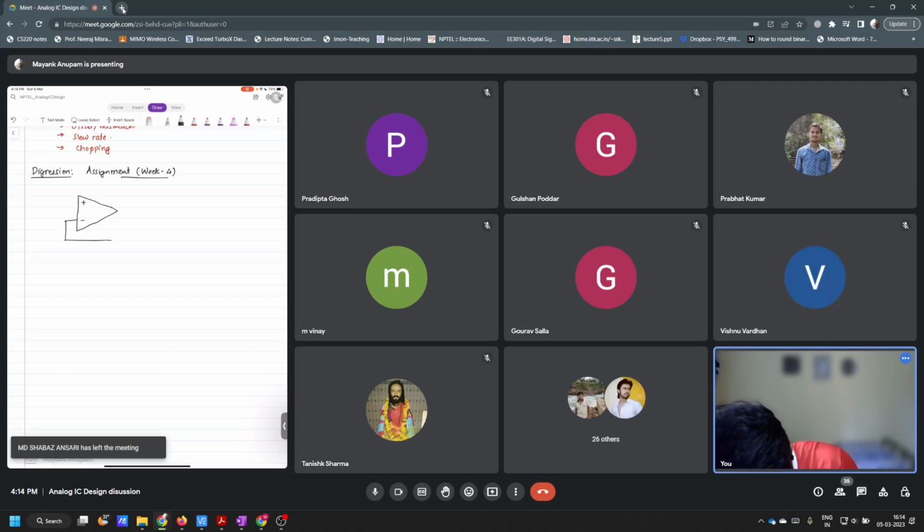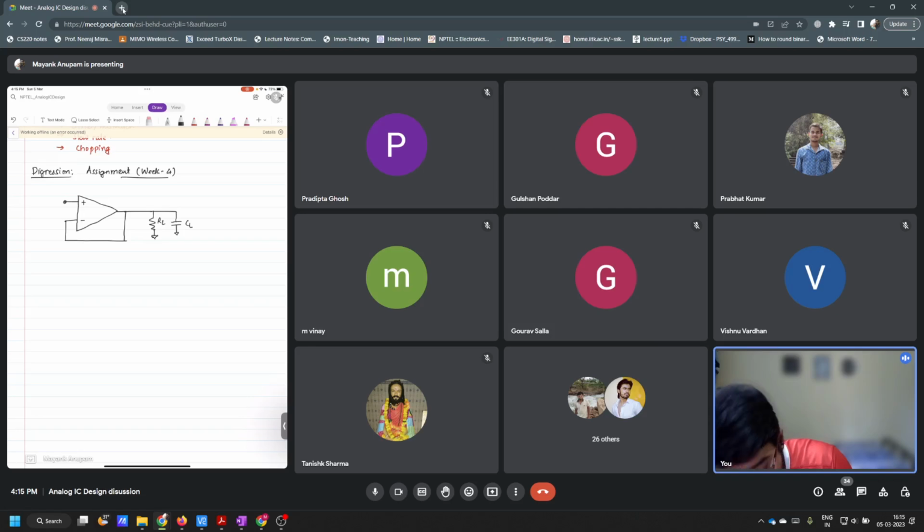Which is connected in unity gain configuration in this way. This is RL and this is CL, and here we have our input, right?